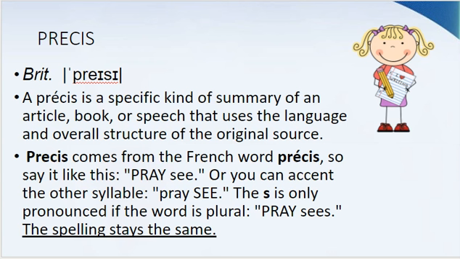Precis is a specific kind of summary of an article, book, or speech that uses the language and overall structure of the original source. I have given here the British pronunciation. You can either stress on the first syllable or the other syllable.